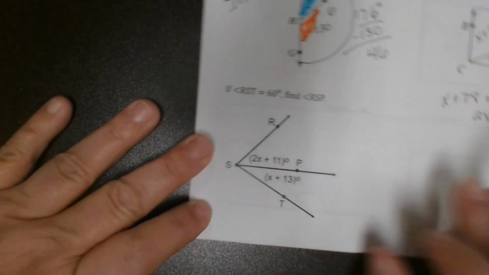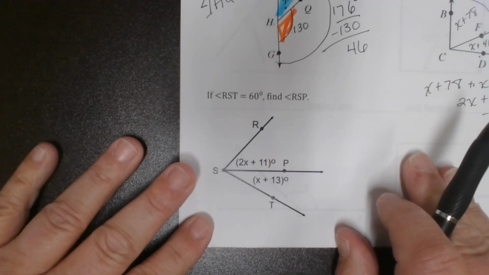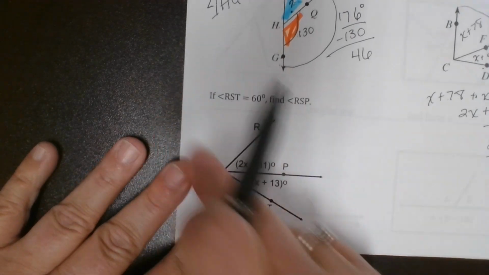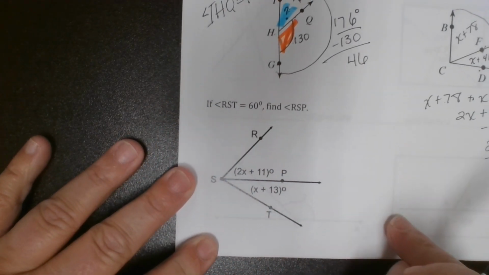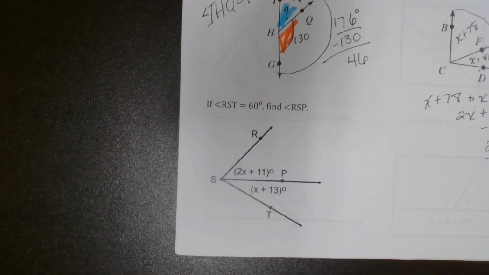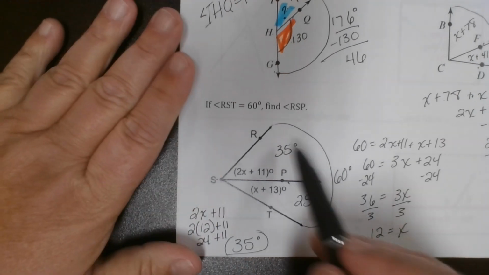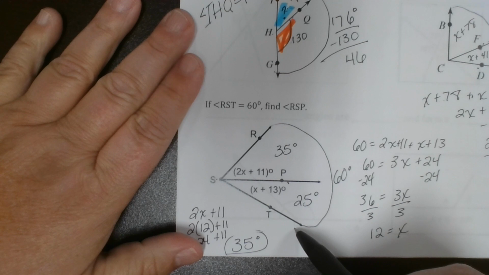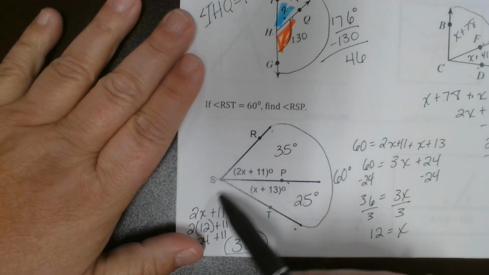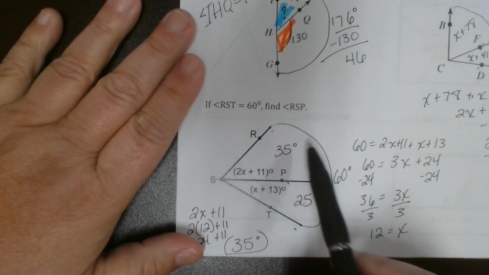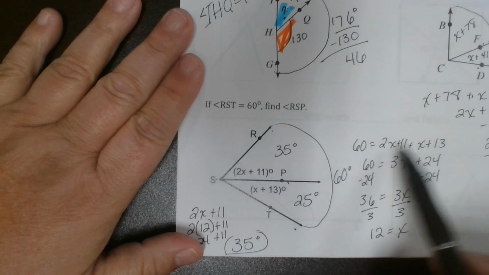Okay, take just a minute, pause the video, and give this problem a try and come back to check your answer. Okay, so if the whole angle is 60, then you're looking for RSP, which is this piece up here. But first, you've got to find out what x is equal to.